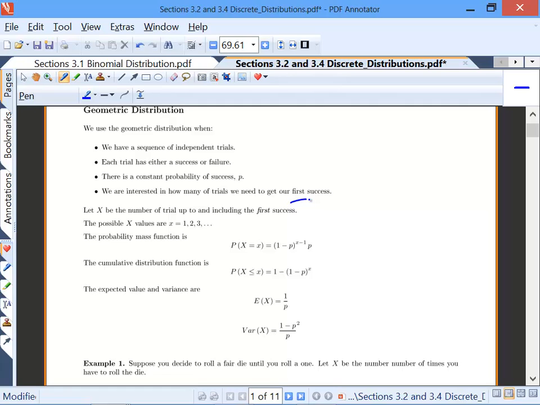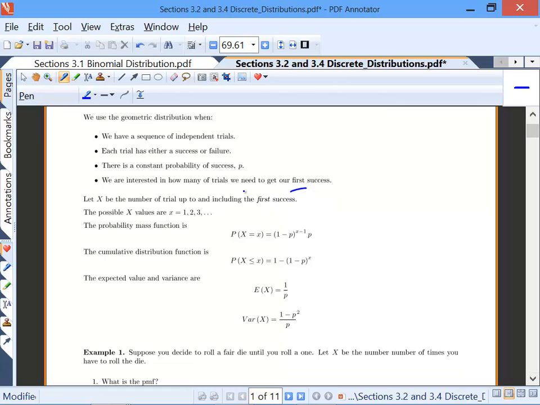In the binomial, we count the number of successes over a set number of trials. So you know in advance we're going to do it n times, and we count our successes. Here, everything else is exactly the same, but we don't know in advance how many trials because we stop when we get our first success, and we just count the number of trials.